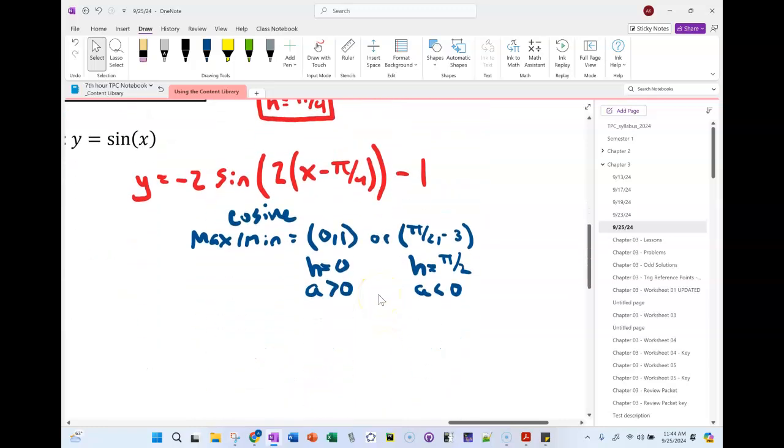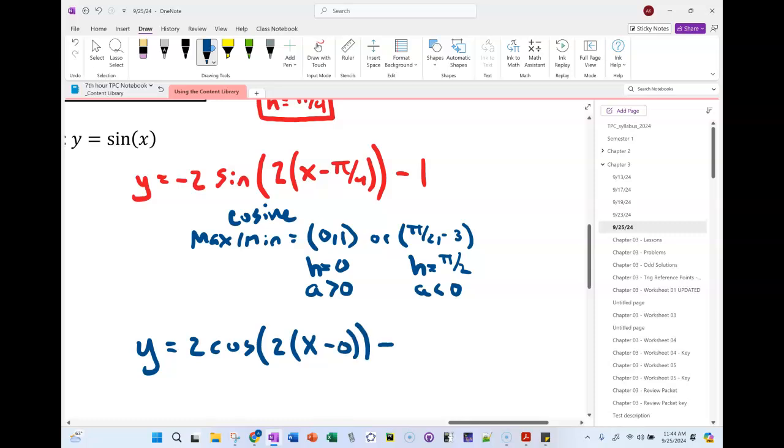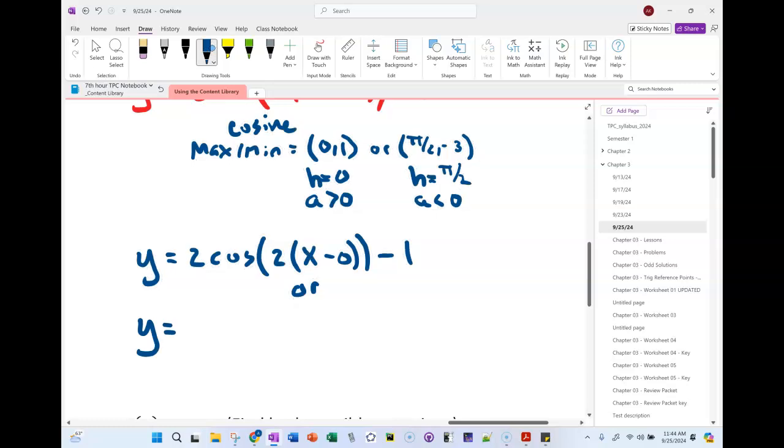So my answers then, if I wanted to write a cosine equation, I could do y equals 2 cosine 2x minus 0 minus 1, or I could have written y equals negative 2 cosine 2 times x minus pi over 2 minus 1.